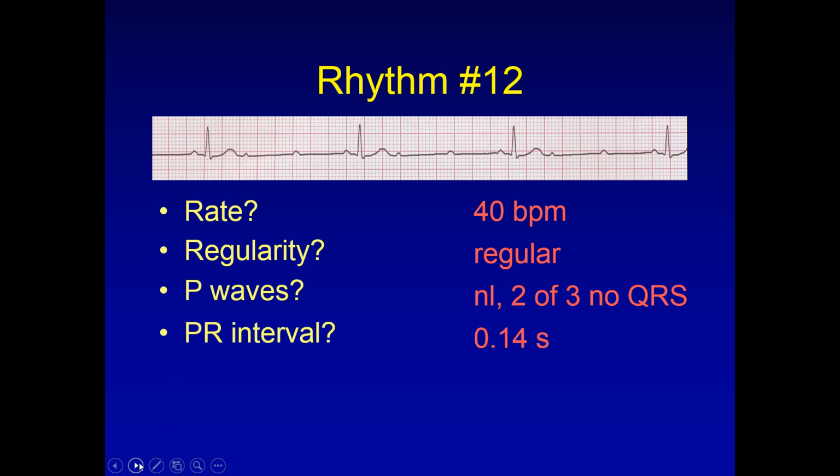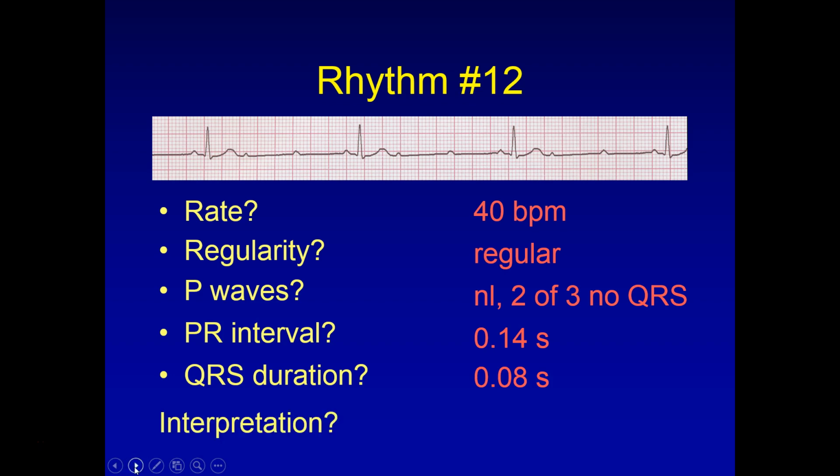There it is. My PR interval's normal. It didn't exceed 0.20 seconds. QRS durations, they're normal. You just have extra P waves without a corresponding QRS response.